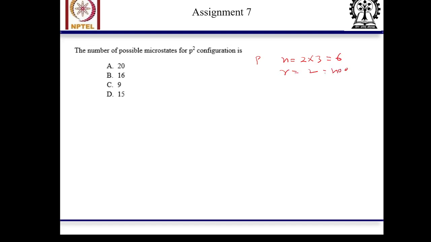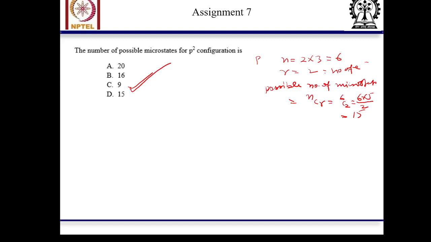So what is the possible number of microstates? nCr, means 6C2, means 6 into 5 by 2, that is 15. So 15 is the answer for this.